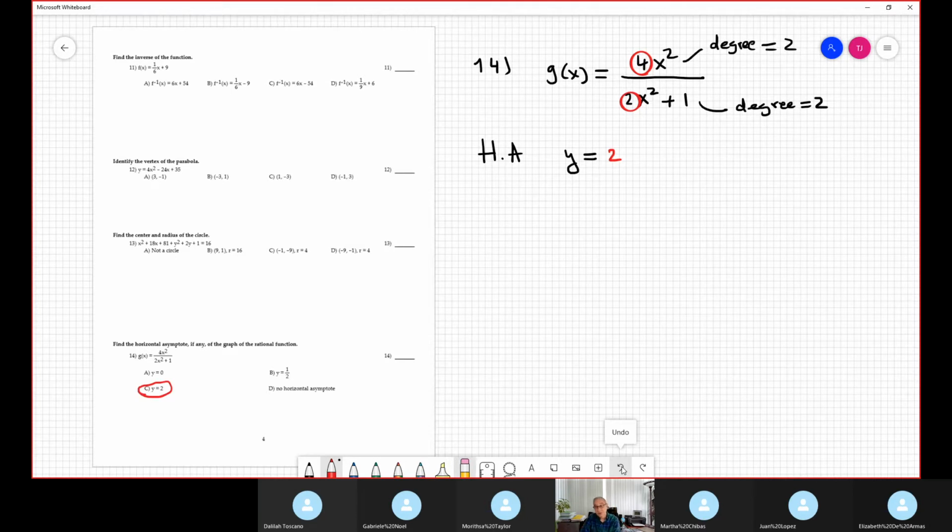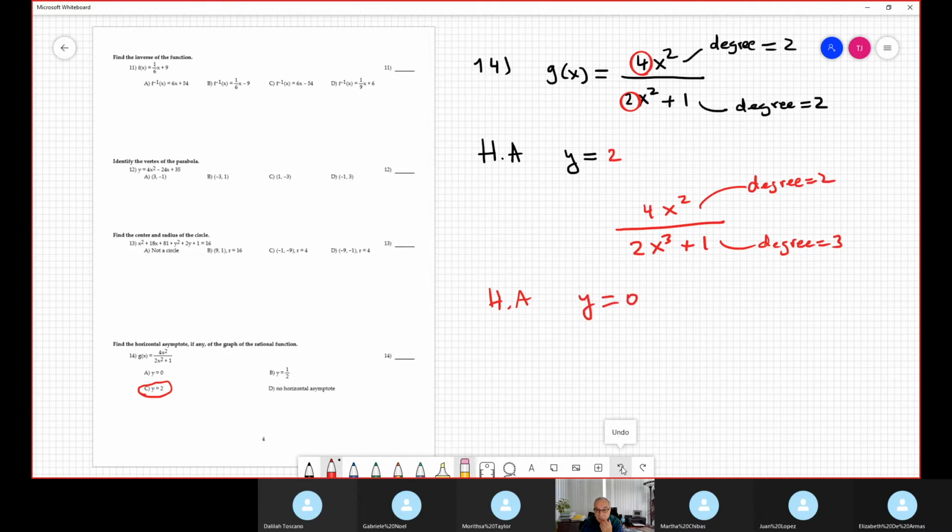Another scenario. Suppose 4x squared divided by 2x cubed plus 1. In this case, we have a special horizontal asymptote, since the degree of the bottom is 3 and the top is 2. When the degree of the bottom is greater, the horizontal asymptote is always at 0, independent of the coefficient. I don't care about the coefficient.